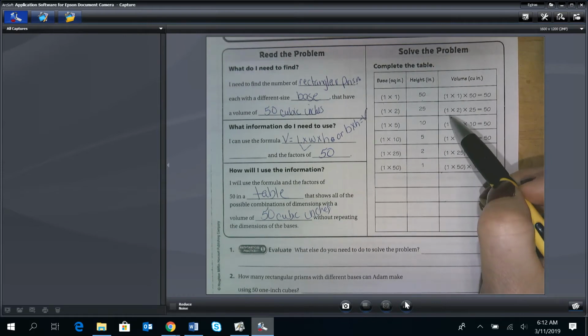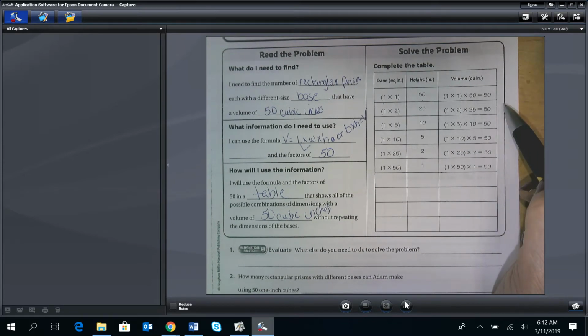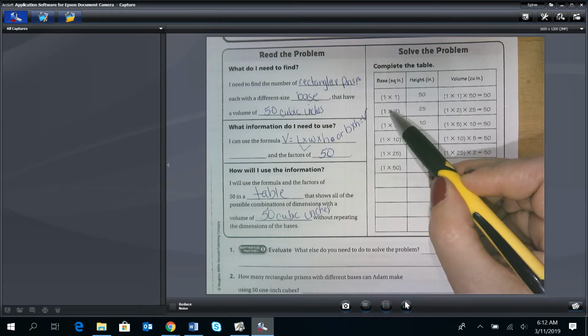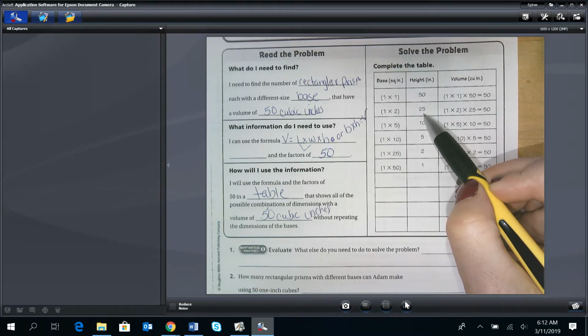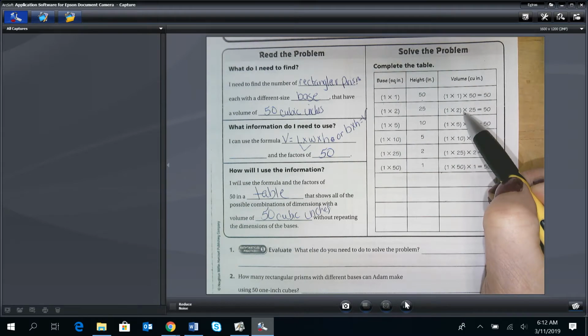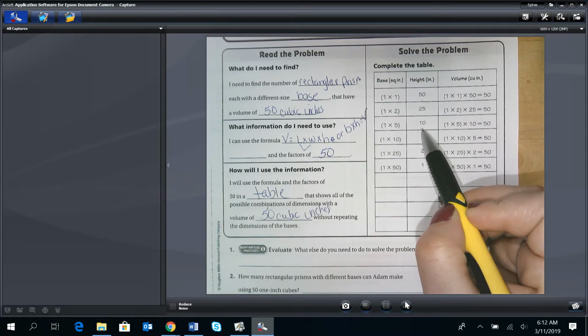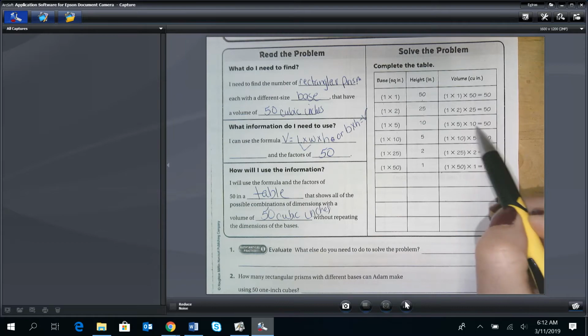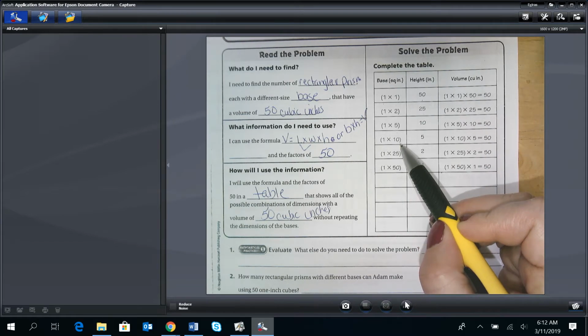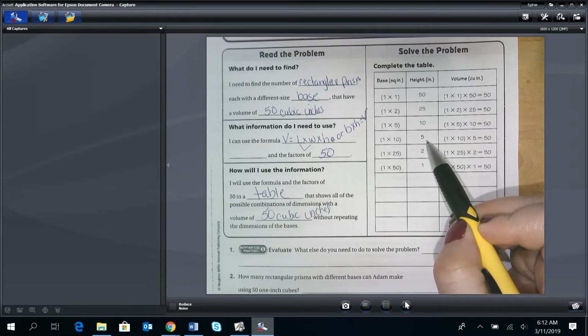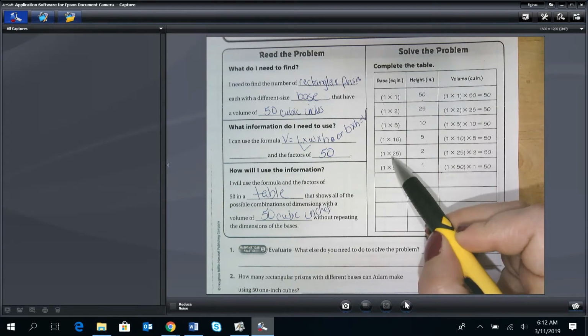So 1 times 1 times 50 equals 50. 1 times 2 with a height of 25. 1 times 2 times 25 equals 50. 1 times 5 times 10 equals 50. 1 times 10 times 5. See how we just switched those around?